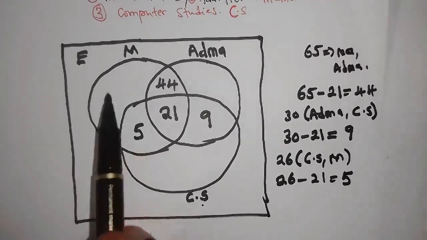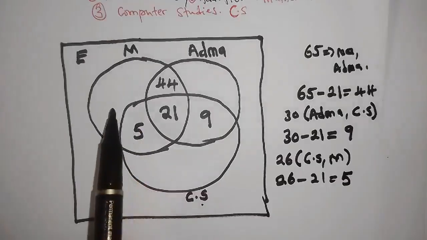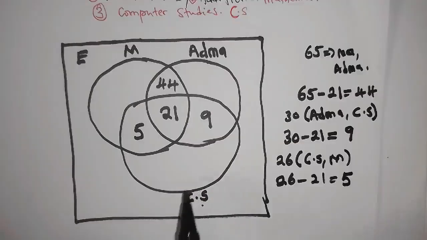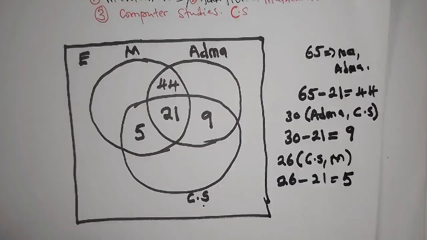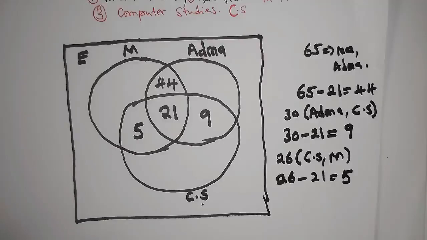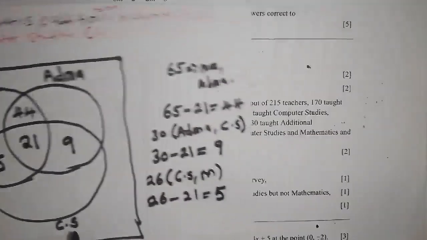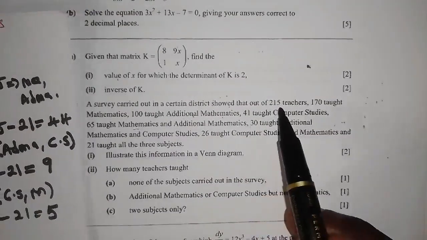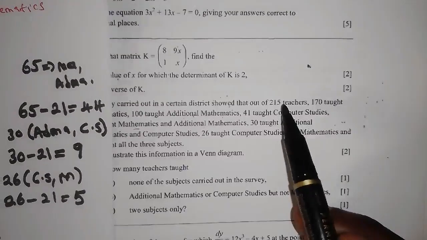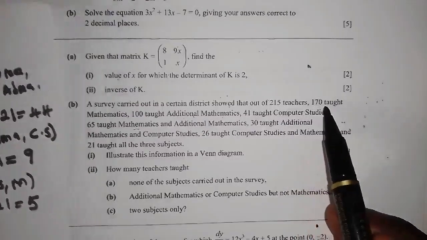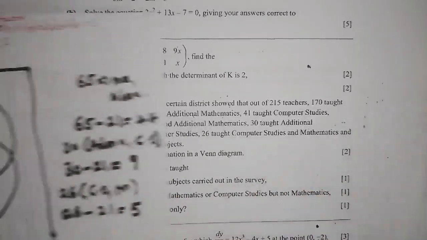Now we have to fill in only those that taught mathematics, additional mathematics, and also computer studies. So from there you can just go back. They have told you that out of 215 teachers, 170 taught mathematics.